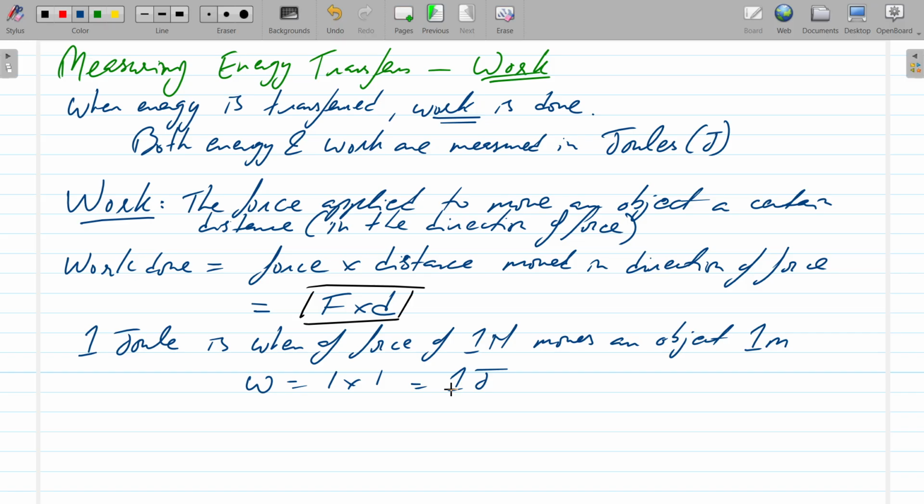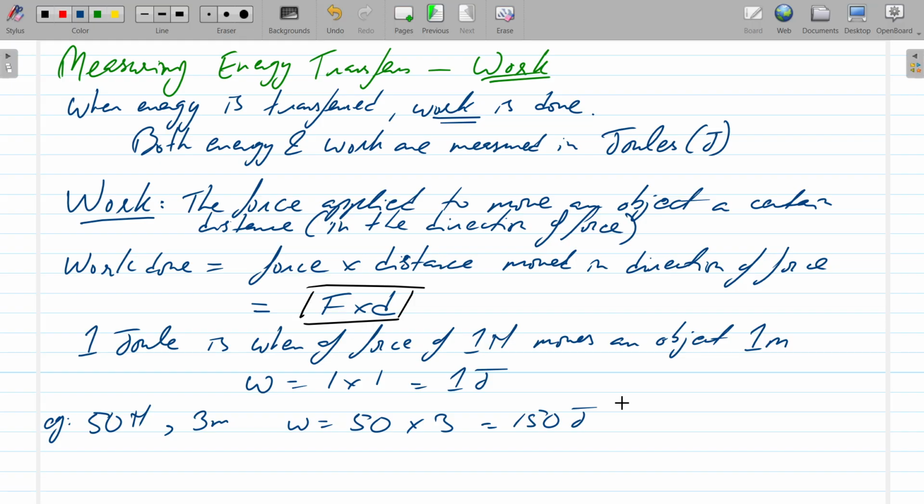Now, if for example you are applying a 50 Newton force to move something through 3 meters, what is the work done? A 50 Newton force is applied to move an object 3 meters, so that's 50 times 3, which gives you 150 joules.